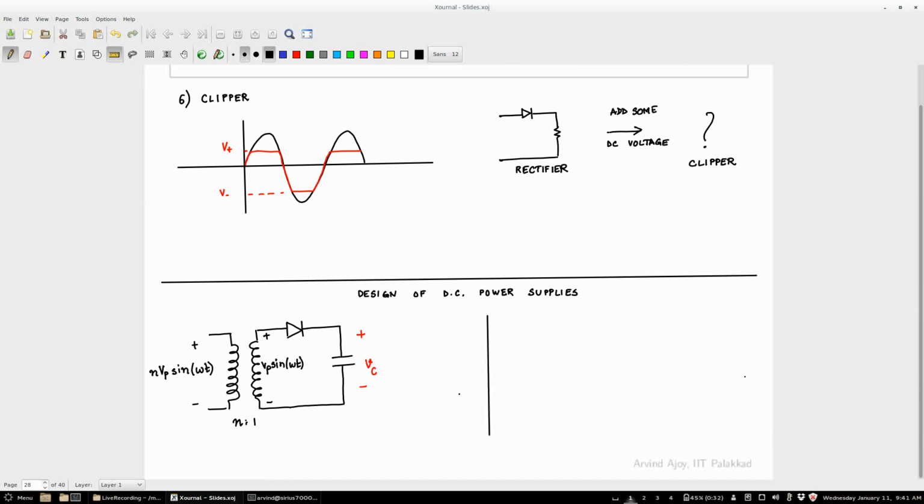Now let us be careful. I am taking the full voltage across the capacitor, so it's small v, capital C. And just to have some fun, let me say I have a sinusoid as the input.